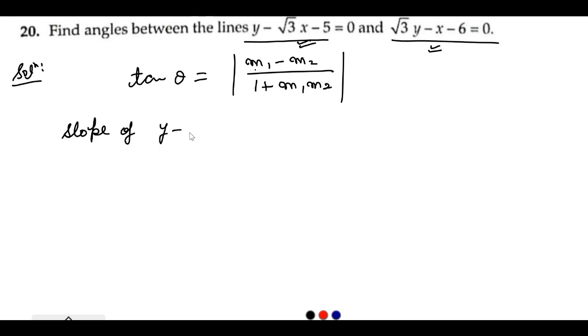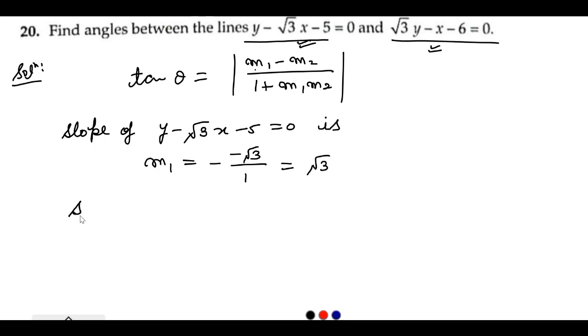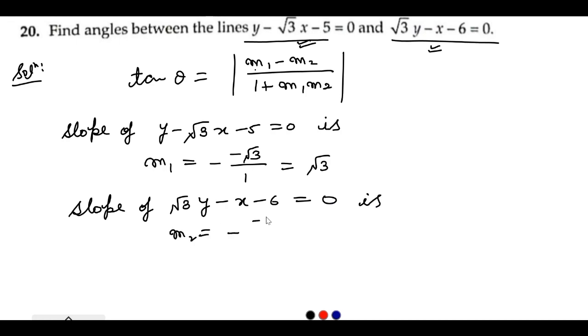Slope of the first line, y minus under root 3x minus 5 is equal to 0, is minus coefficient of x divided by coefficient of y, which means under root 3. Now the slope of the second line, under root 3y minus x minus 6 is equal to 0, is again minus coefficient of x divided by coefficient of y, that is 1 upon under root 3. Now put the values of m1 and m2 in this formula.